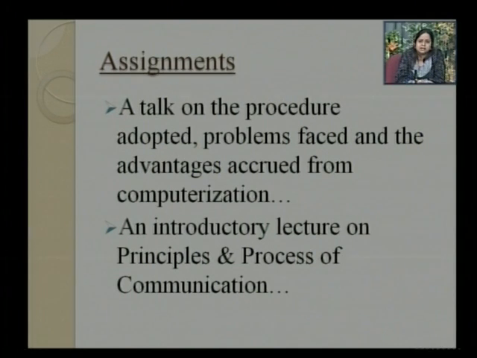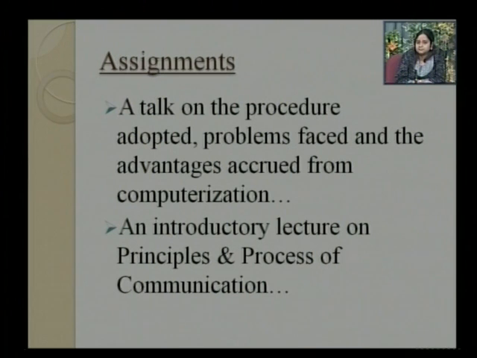You can select either of the two assignments. I have got the other one also for you. An introductory lecture on principles and process of communication. Supposing you are a guest speaker, invited to deliver a lecture on the principles and process of communication, and you are asked to use whiteboards or blackboards, whatever is available in the room.